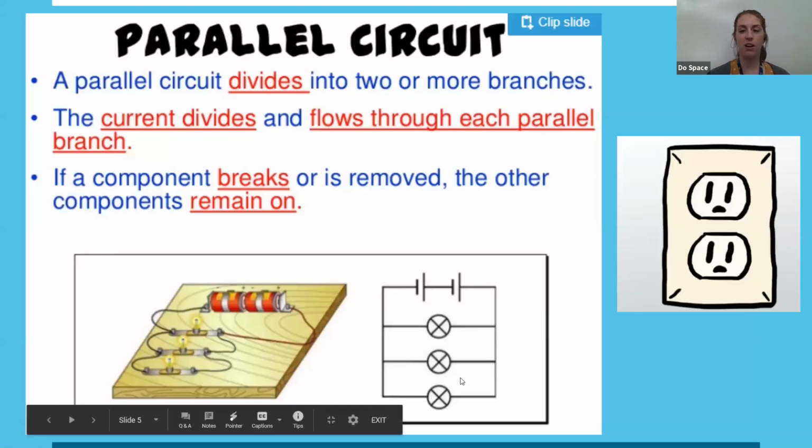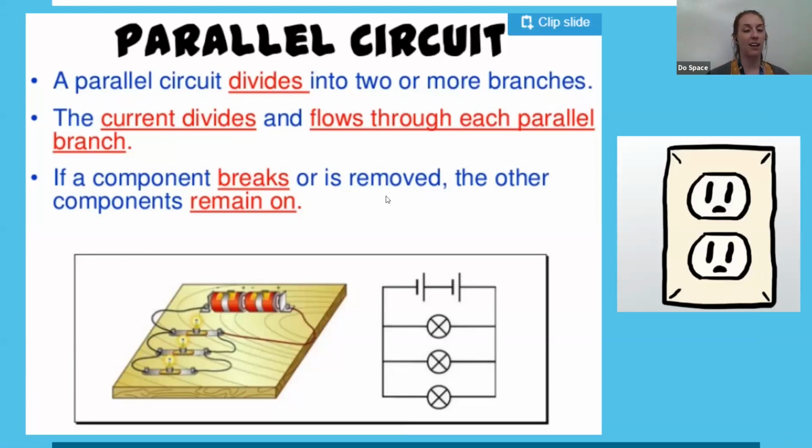So our other option is called a parallel circuit. In a parallel circuit, basically each of our outputs has individual wires, or connections, or branches that all connect back to that same battery source.